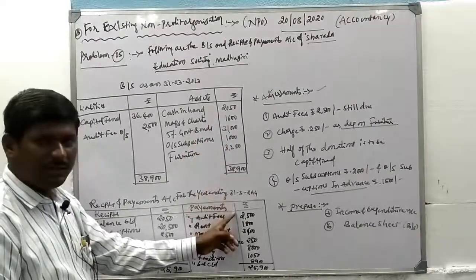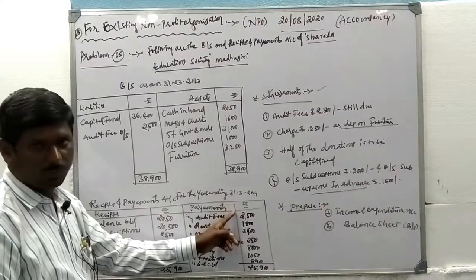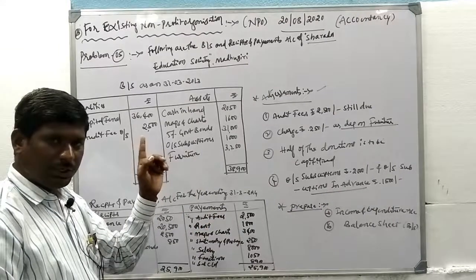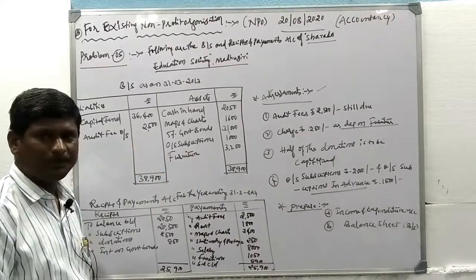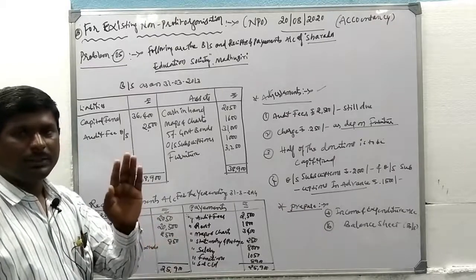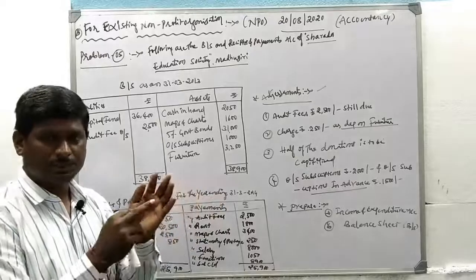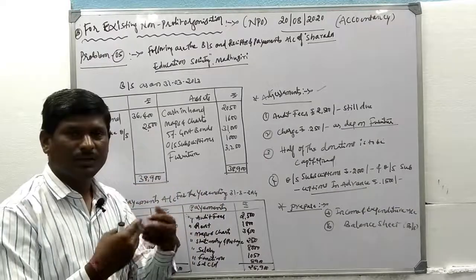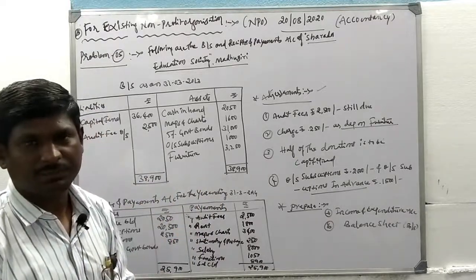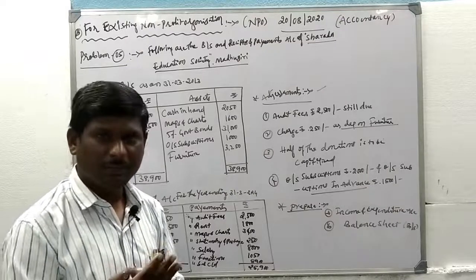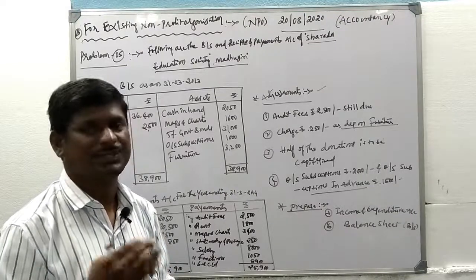For a new non-profit organization, only the receipts and payment account of the first year is given, and in the next year the opening income and expenditure account and balance sheet are prepared.